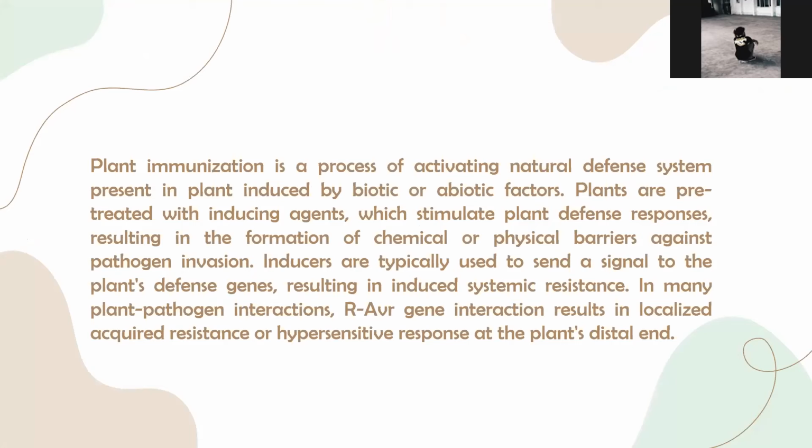Inducers are typically used to send a signal to the plant defense, resulting in induced systemic resistance in many plant-pathogen interactions. R and AVR gene interaction results in localized resistance or hypersensitive response at the plant distal end.